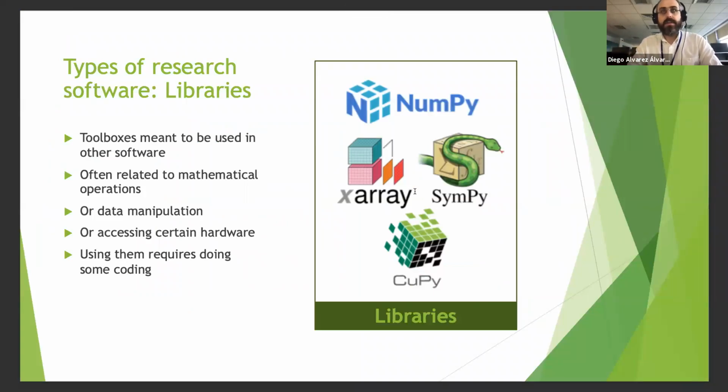They require some coding in order to use them, and they often include mathematical operations, data manipulation, accessing certain software or hardware. BLAS libraries or LAPACK libraries all fall in this type of category. You don't create a GUI for them. They are just useful things to have around.